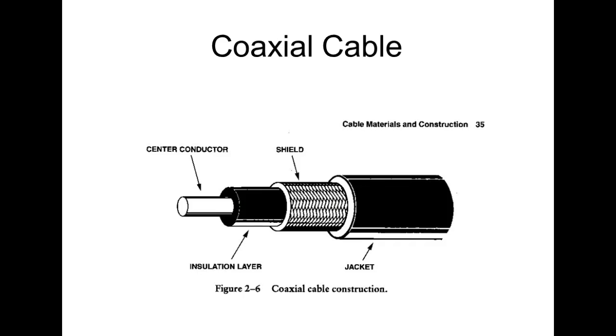So coaxial cable. Coaxial cable is given what we call an RG number. So if you ever see an RG58, RG59, or stuff like that, that means it's definitely a coax cable. RG stands for Radio Government, but it's a cable that was originally developed by the military to send information on.